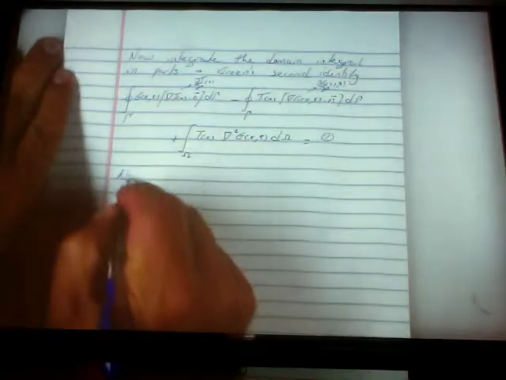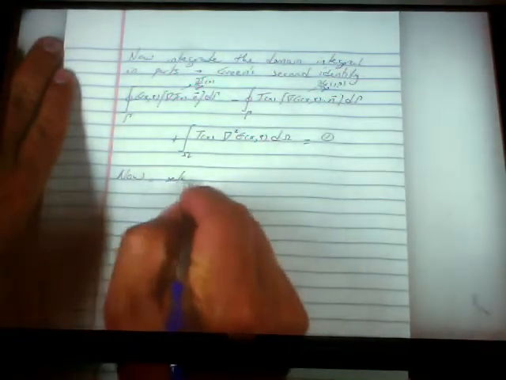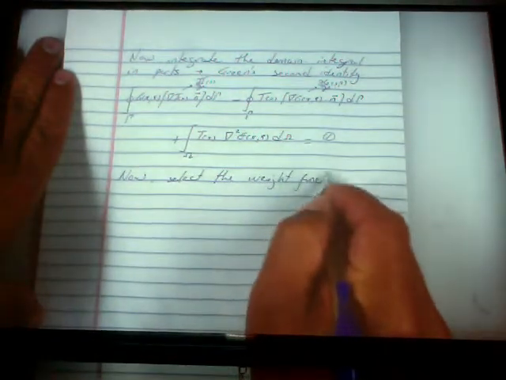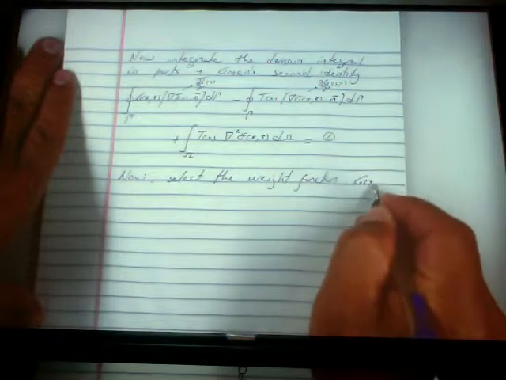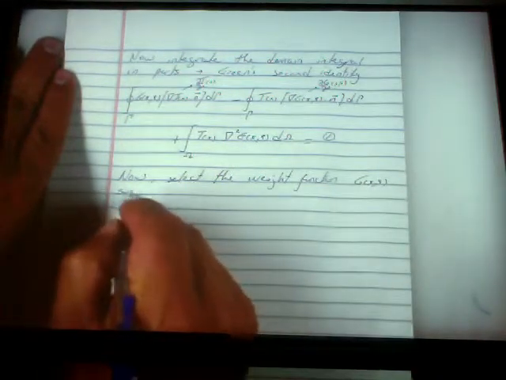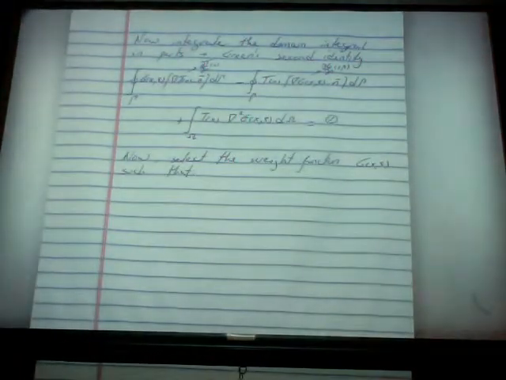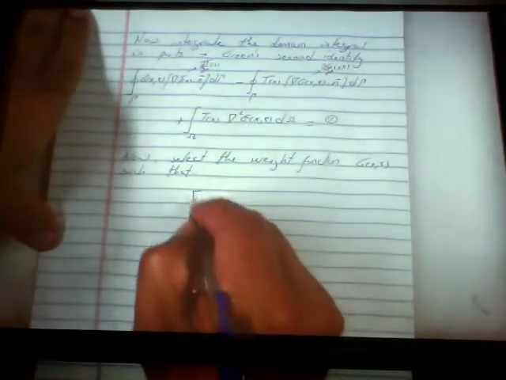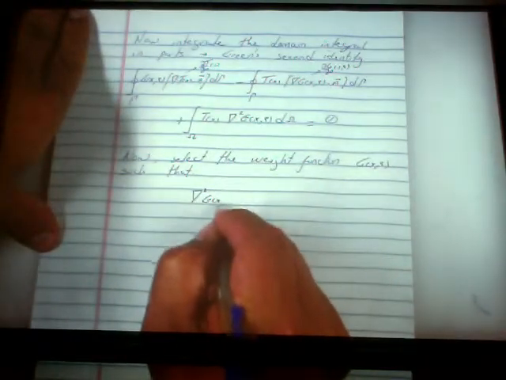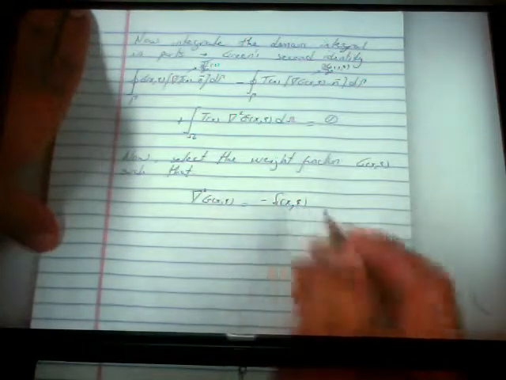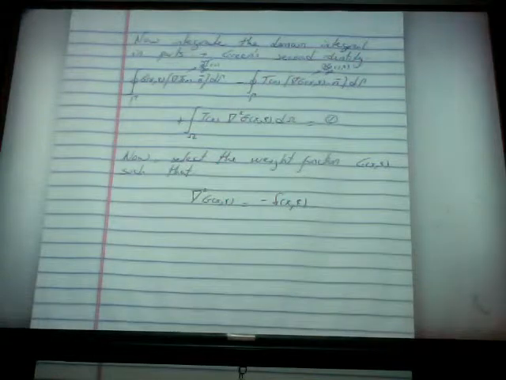Now, select the weight function g of x and psi such that, instead of explicitly choosing the weight function as polynomials or whatever, we're going to choose that the Laplacian of g is equal to the negative of the Dirac delta function at the source point xi.